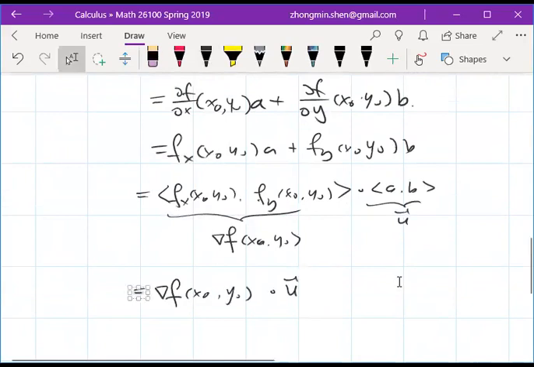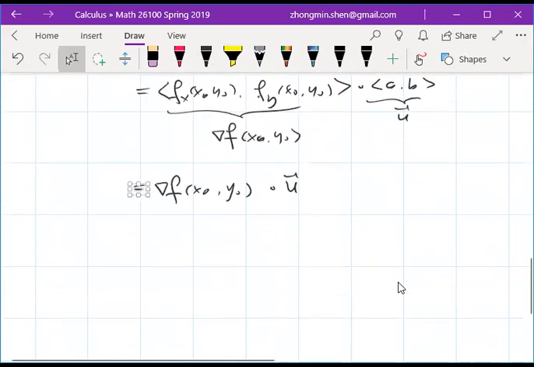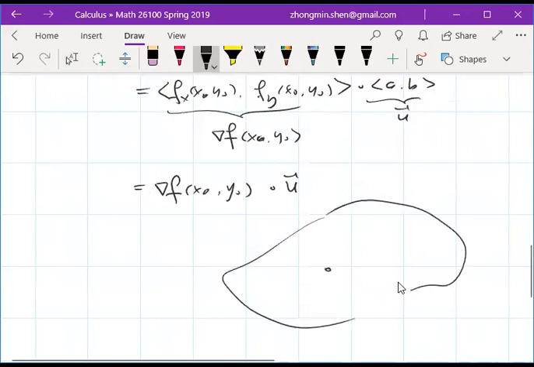Okay. So let's look at the geometry picture. So here's a function, right? Defined in this neighborhood. So this is a vector u. This is a given direction, but the function itself has another vector here.